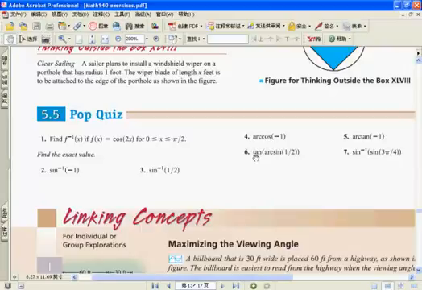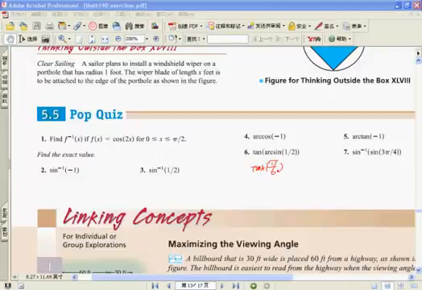Root of 3 over 3. So inside this is equal to pi over 6, and the tangent of pi over 6 is equal to root of 3 over 3. Okay.